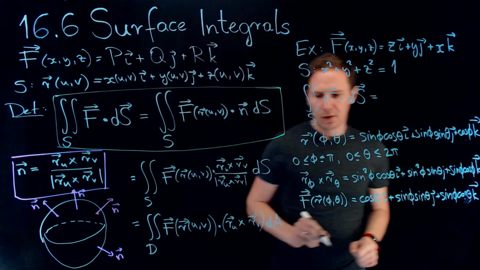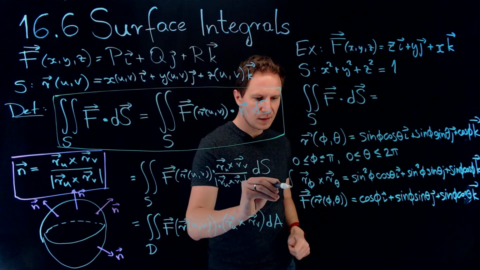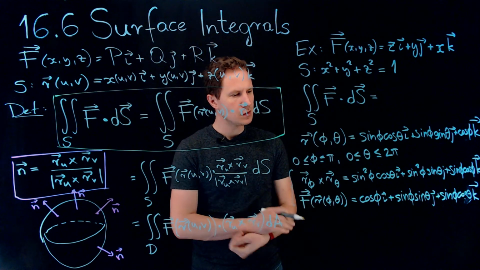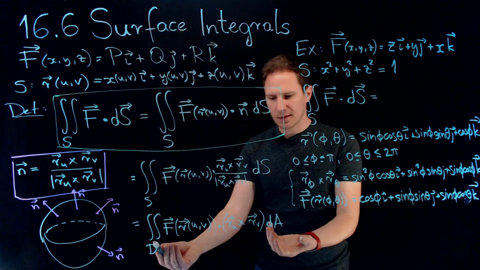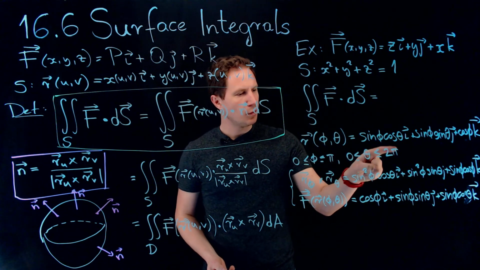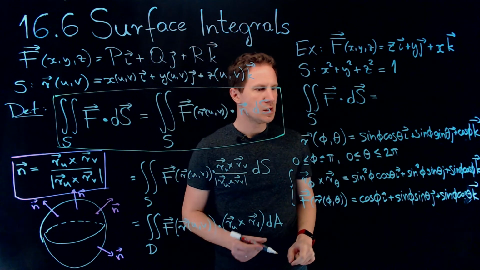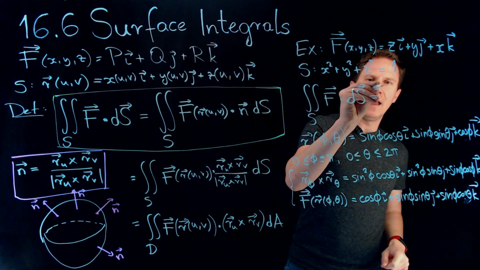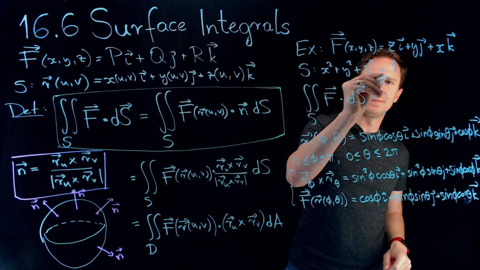Okay, so what we have to do is take the dot product of these two vectors and then integrate that over the domain where phi changes between 0 and pi and theta changes between 0 and 2 pi.